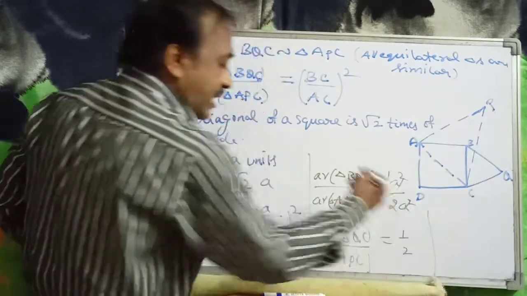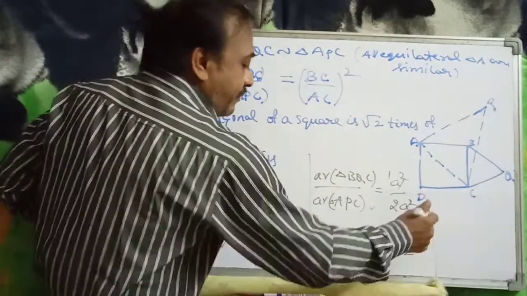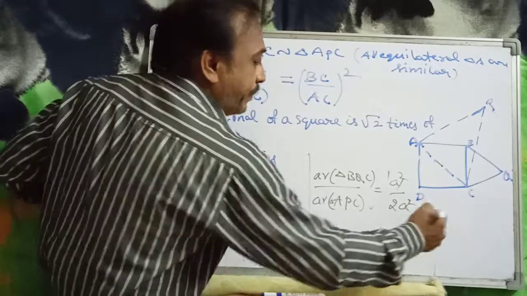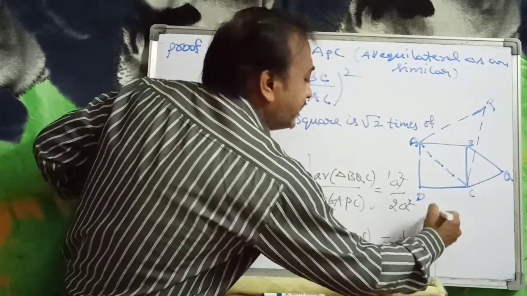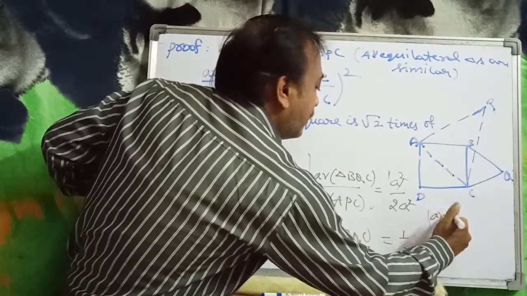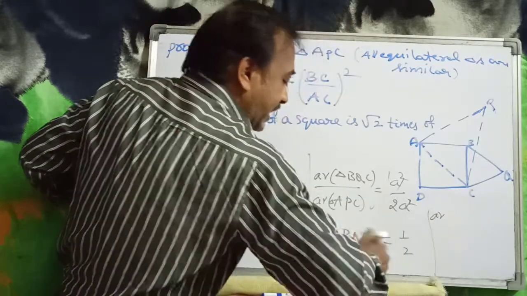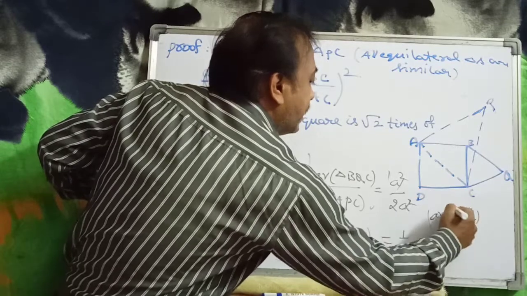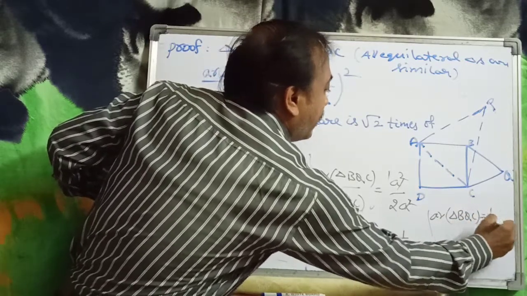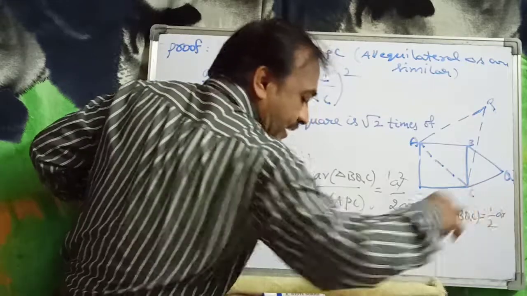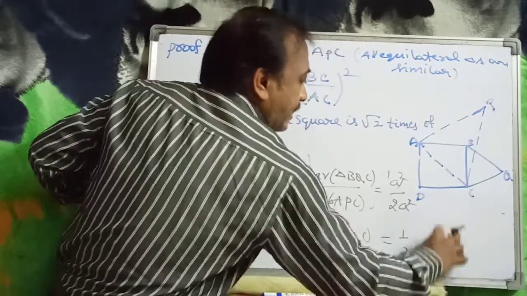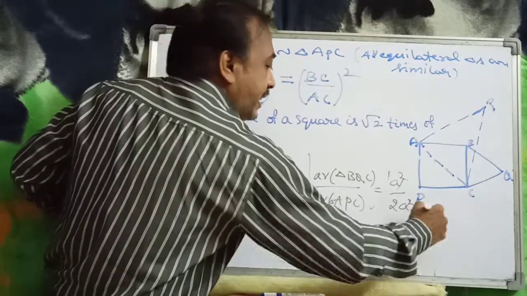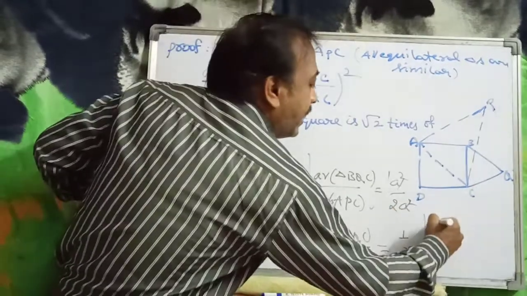Now cross multiplication. 2 times area of triangle BQC is equal to area of triangle APC. So area of triangle BQC is equal to half of area of triangle APC.